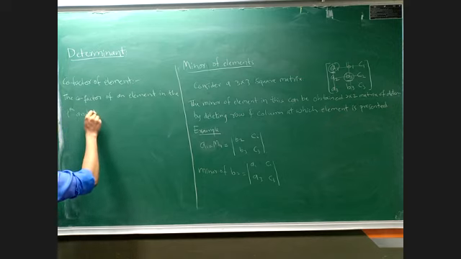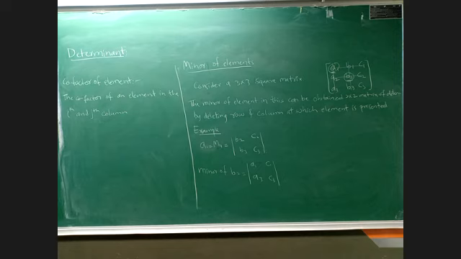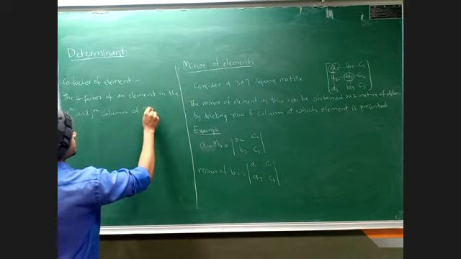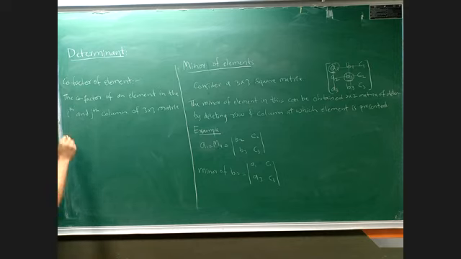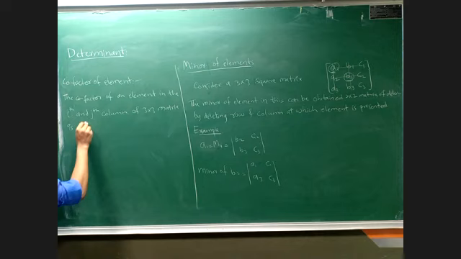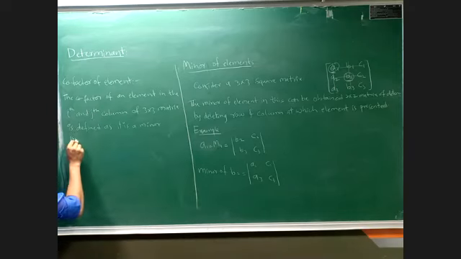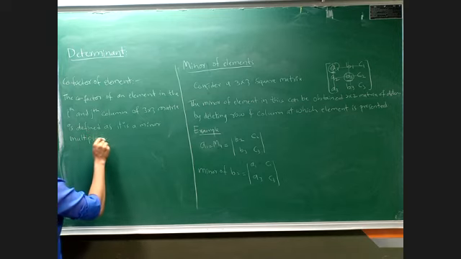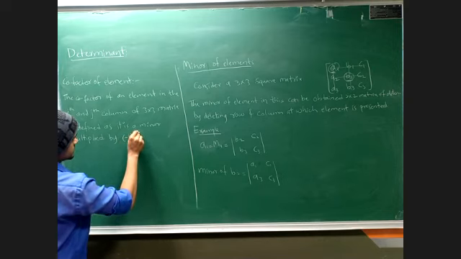and jth column of a 3 by 3 matrix is multiplied by minus 1 to the power i plus j.